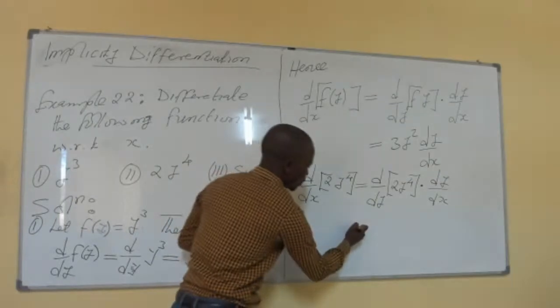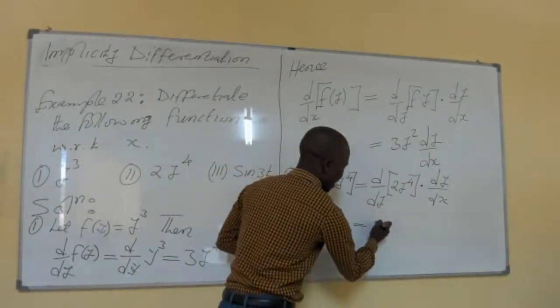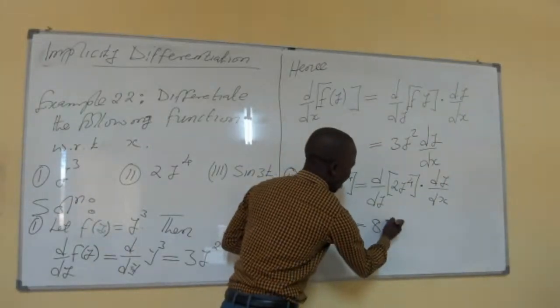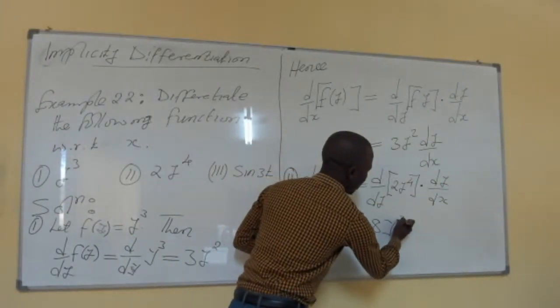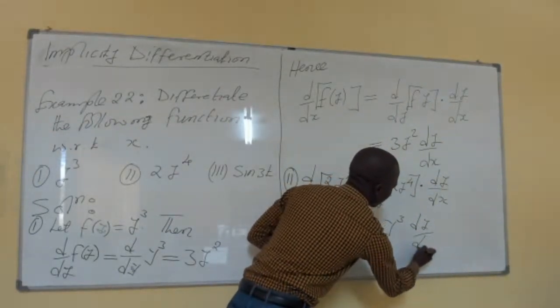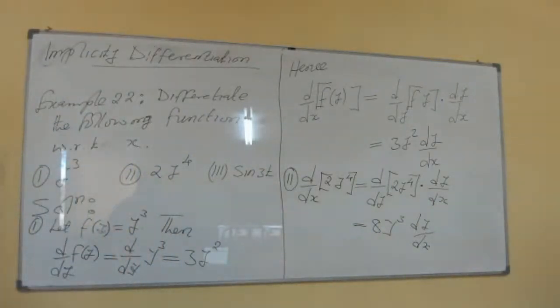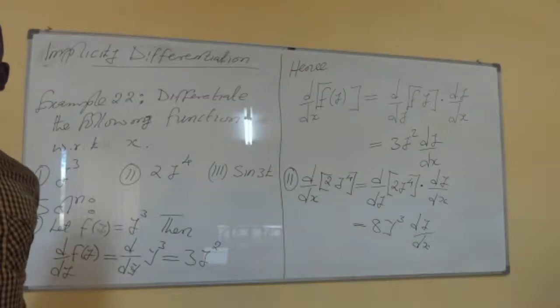This gives us 8y to the power 3 multiplied by the derivative of y with respect to x. So you have differentiated the given function implicitly.